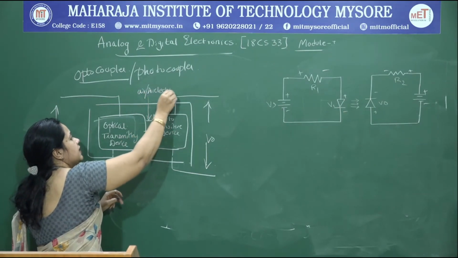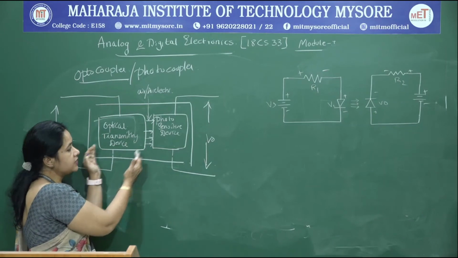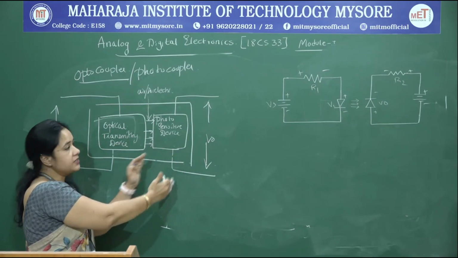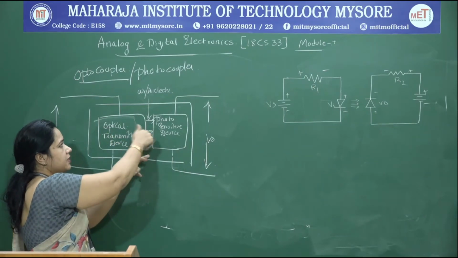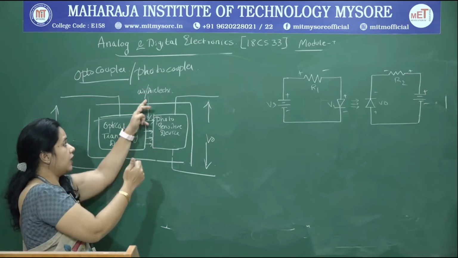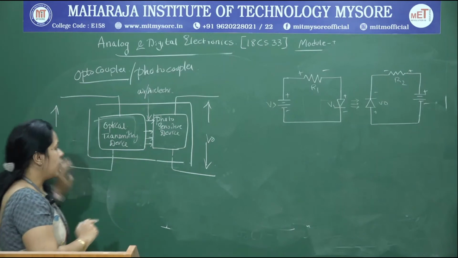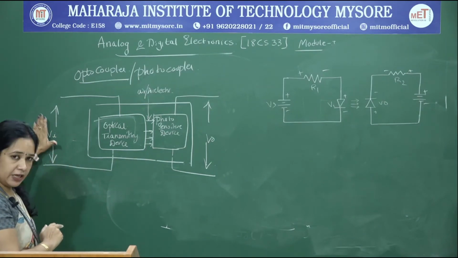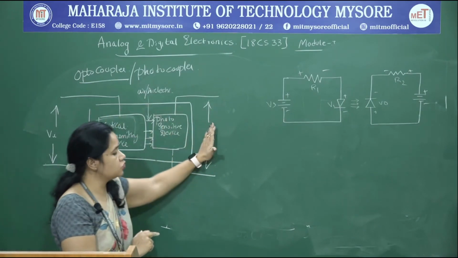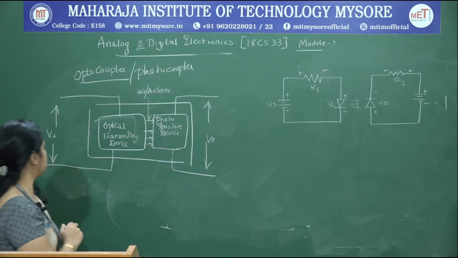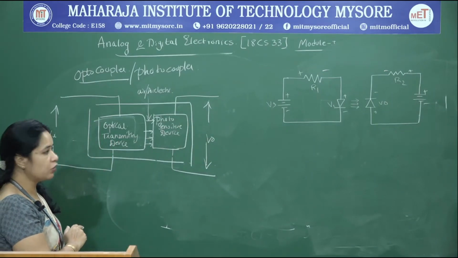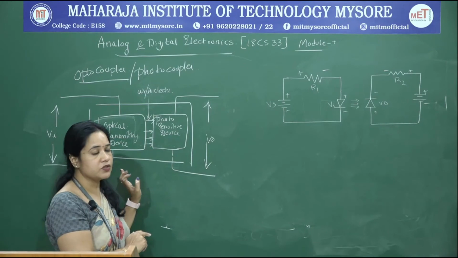It is a sealed package, and your signal from the input end is coupled to the output end. So it is used to transmit an electrical signal from one part of the circuit to another part of the circuit.